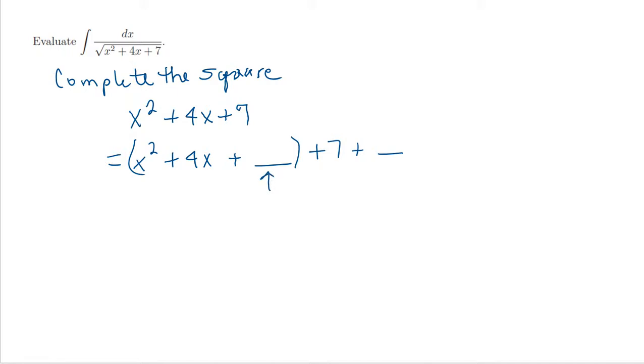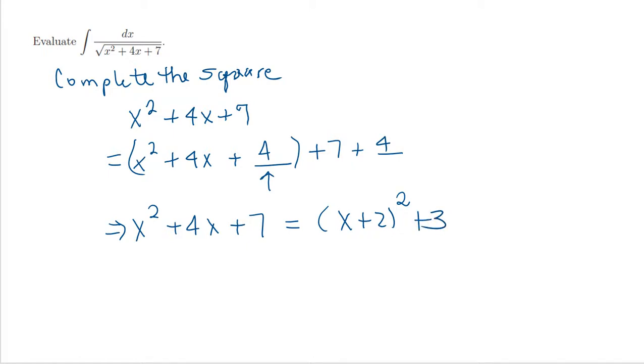This term is always half of the linear coefficient squared. So we'll put 4 and 4. And now we see that x squared plus 4x plus 7 after we complete the square is x plus 2 squared plus 3.